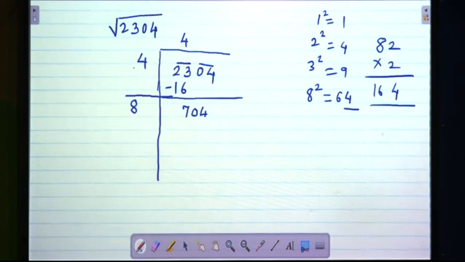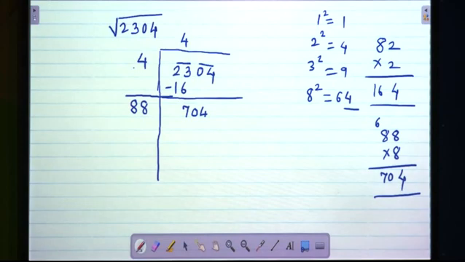So, instead of checking for all the other digits, we are checking here for 8 and trying to guess whether we are correct. 8 8s are 64, carry 6, 8 8s are 64 plus 6, 70. So, whatever we had done previously for checking 1, 2, 3, 4, instead of that we can do it in this way.